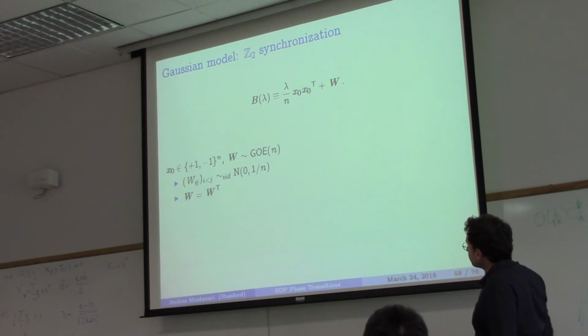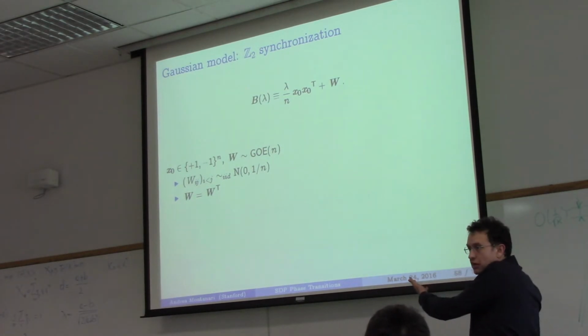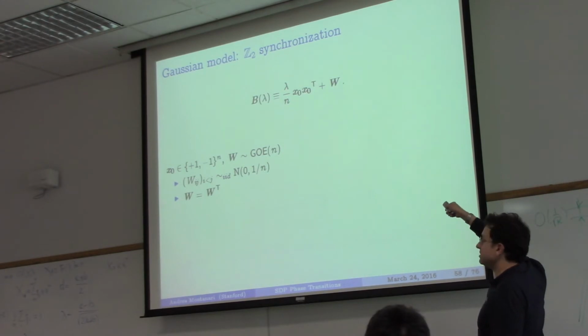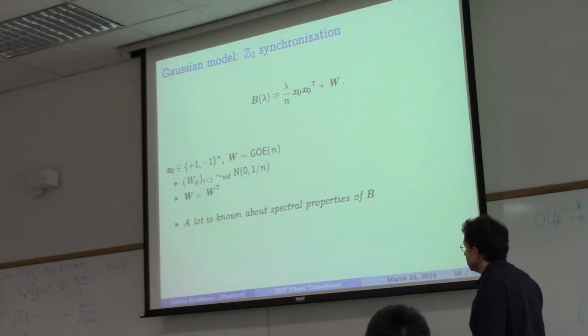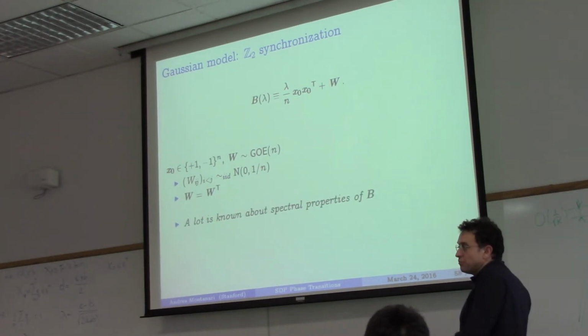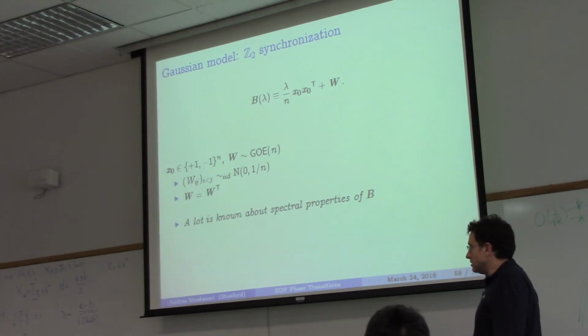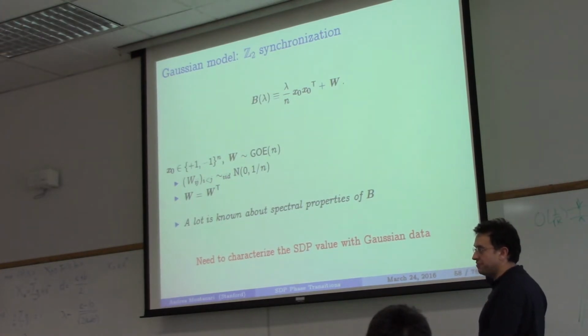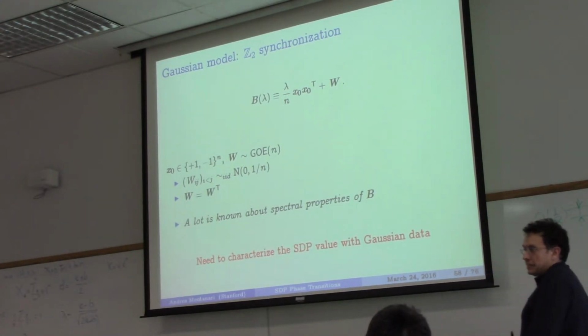And you want to reconstruct x0. Here things are scaled in such a way that the operator norm of this is of the same order as the operator norm of that. A lot is known about the spectral properties of this matrix. There are hundreds of papers about it, but here we need to do something very different, just analyzing its SDP properties.